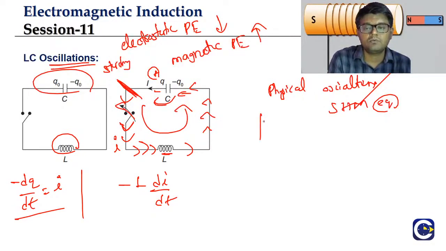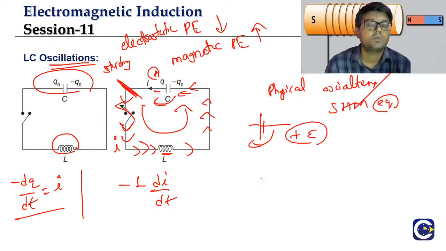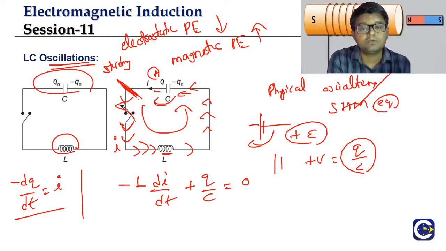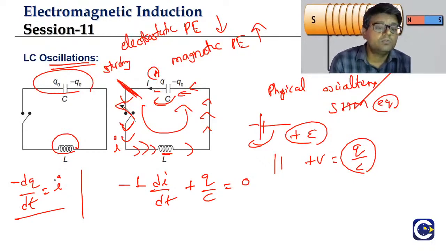Remember, for a battery, crossing from negative to positive gives plus E. For a capacitor it will be plus V, where V is the potential difference across the plates, equal to Q by C. So plus Q by C equals 0, because after crossing the capacitor plate we come back to the same starting point. So the potential difference across the inductor plus that across the capacitor is equal to 0.